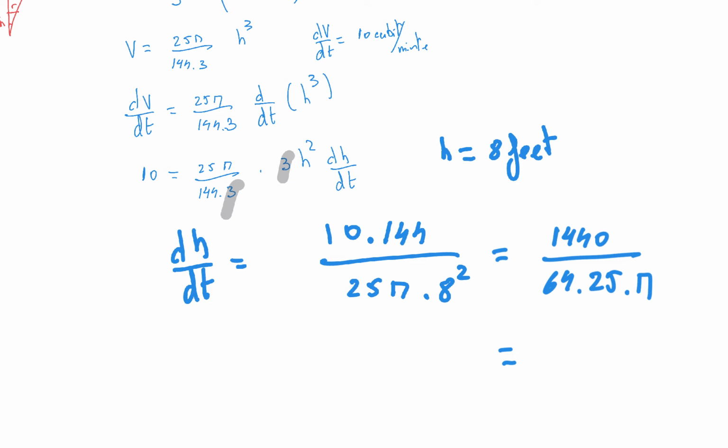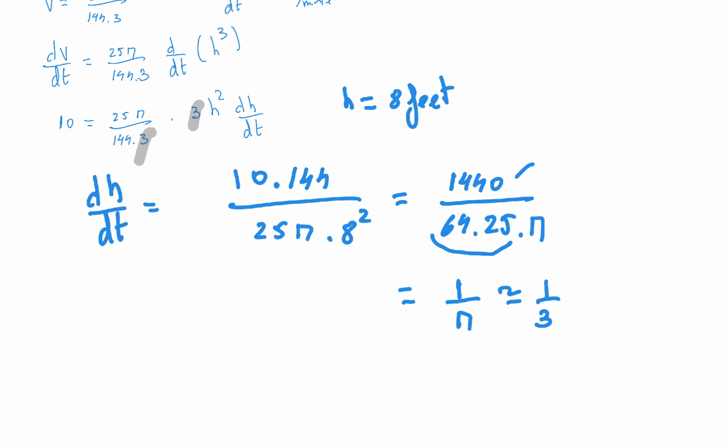You make the calculation, but I suppose 64 times 25 is like 1,440, so it will be maybe 1 divided by pi, or about 1/3. 1/3 what? 1/3 meters per second, going up. The height is coming up.